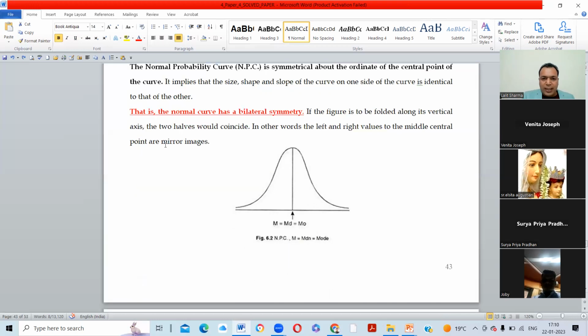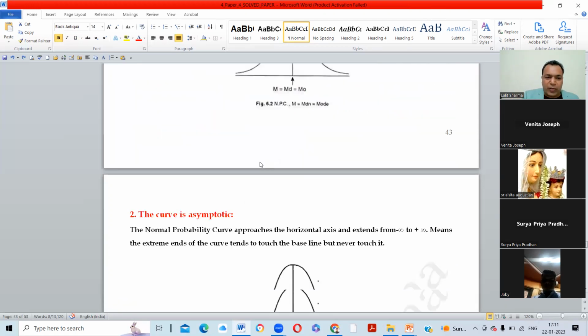This is the central point of the curve. Here mean, median, mode lie. This is called the normal probability curve where mean, median and mode coincide, on the same line. Mean, median, mode means average, understand that. Normal probability curve, number one.